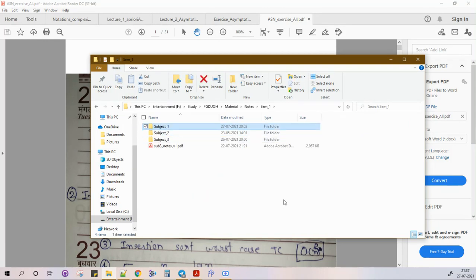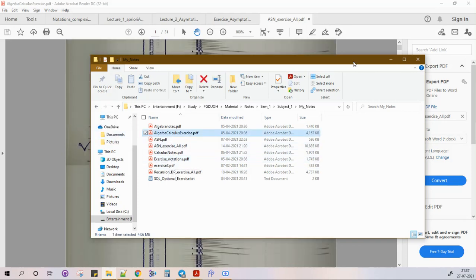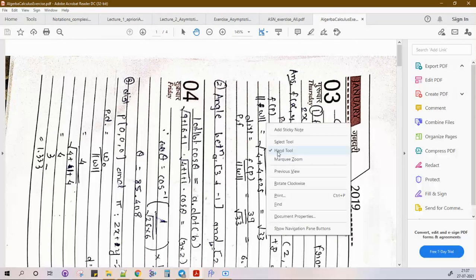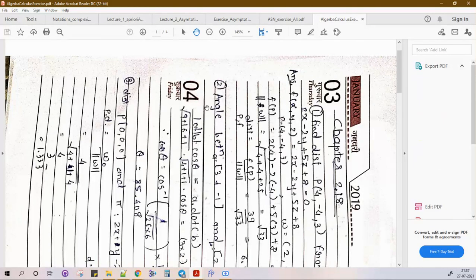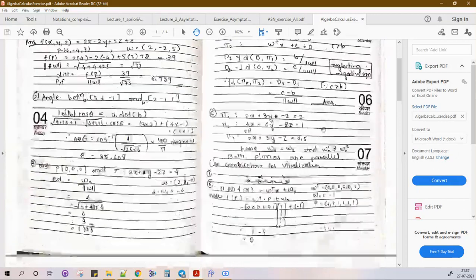Same subject one, calculus exercise, algebra calculus exercise. This one. Yes. Rotate clockwise. Yeah, we are good.